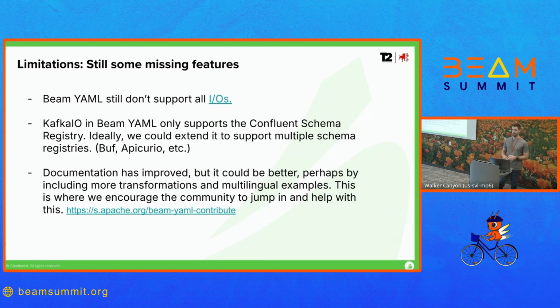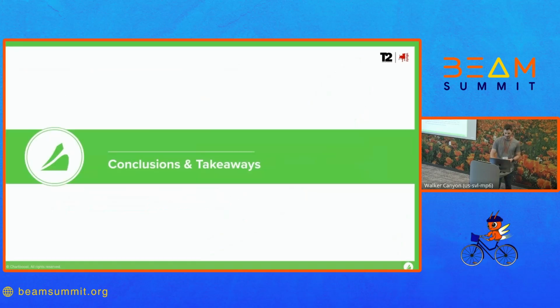It only supports that one for now, but it would be cool if we could extend that to be more schema registry agnostic, and extend it to have Buf or Apicurio or whatever other schema registry we want to have. And well, this is kind of an ongoing thing for every single software project, which is that documentation can be improved. It could be better maybe on the multi-language transformations. What I was saying about the expansion service working, maybe there is a deeper topic there. And well, the documentation is there, but it can be improved basically.